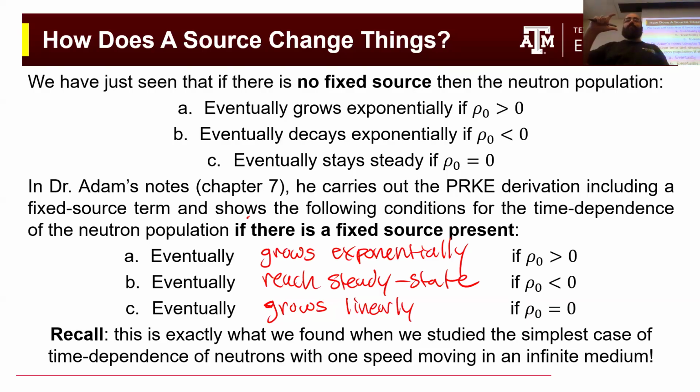In terms of what we need to know, this is a really important slide because it tells us, for the kind of reactor, does it have a source or not, and for the type of insertion, is it positive or negative, what's the behavior of my population going to be, whether it's the neutron density or the power?